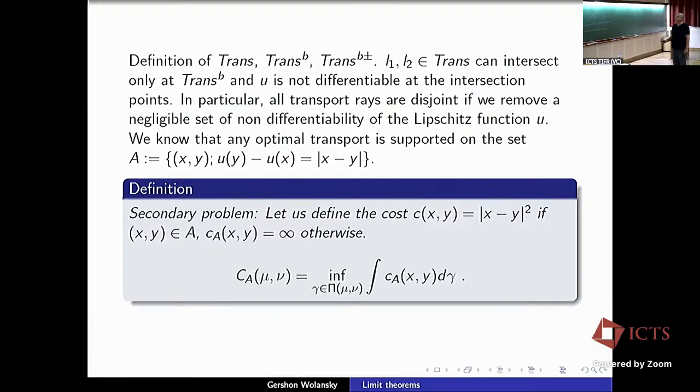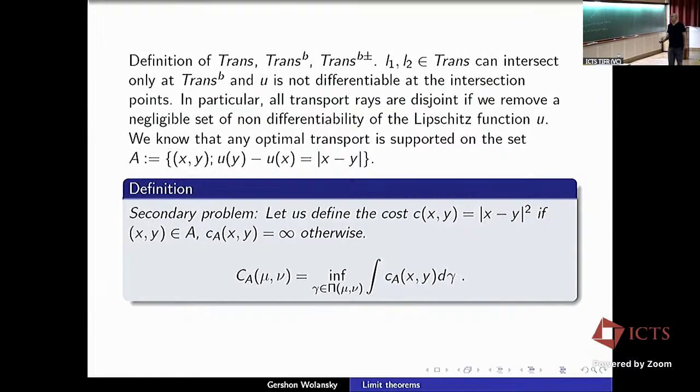This is a set A of all points which satisfy the inequality, and c_A is a function which is the quadratic cost between x, y if (x, y) is in set A, and infinity otherwise. So it's lower semi-continuous, and we minimize over this set.